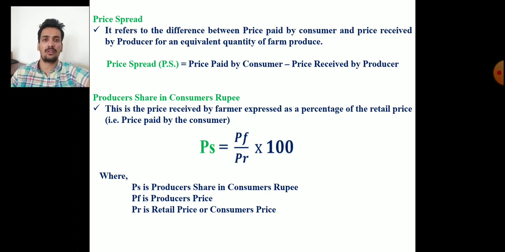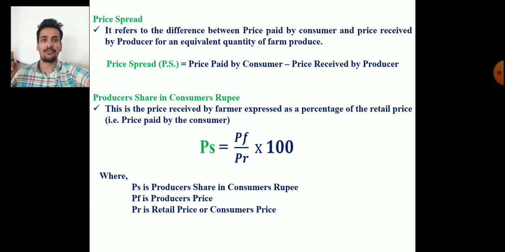For a particular quantity of produce, that is the price spread. Suppose I am a farmer, I have sold one quintal of soybean for 4,000, and another consumer has purchased that soybean for 8,000 per quintal, then the price spread is only 50%.